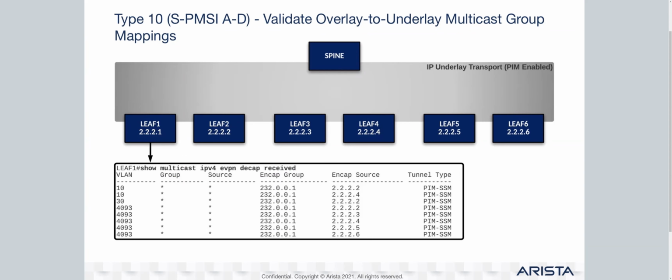So Leaf 1 sees that, okay, I received type 10 routes from all of these different VTEPs saying that when they send an overlay multicast feed out into the PIM underlay, so they VXLAN encap it and send it out into the PIM underlay, they're going to send it from their own source address, so 2226, for example, and then they're going to send to the group 232.0.0.1. In other words, if I want to receive overlay multicast traffic in VRF-A, I better join these groups. All right, and we'll see in a minute how that actually happens.